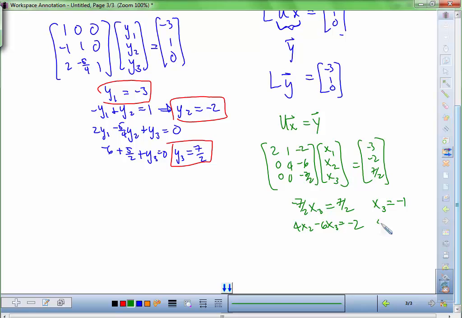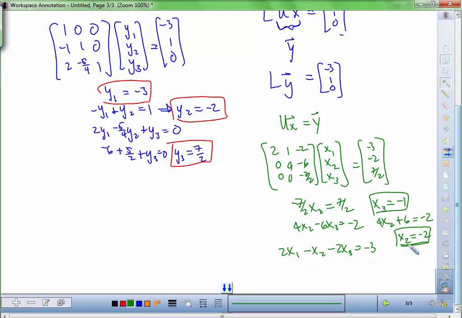This says that 4x2 plus 6 is equal to negative 2. So subtract, negative 8, divide, negative 2. So x2 is equal to negative 2. Is that correct? And then finally, we got 2x1 minus x2 minus 2x3 is equal to negative 3.